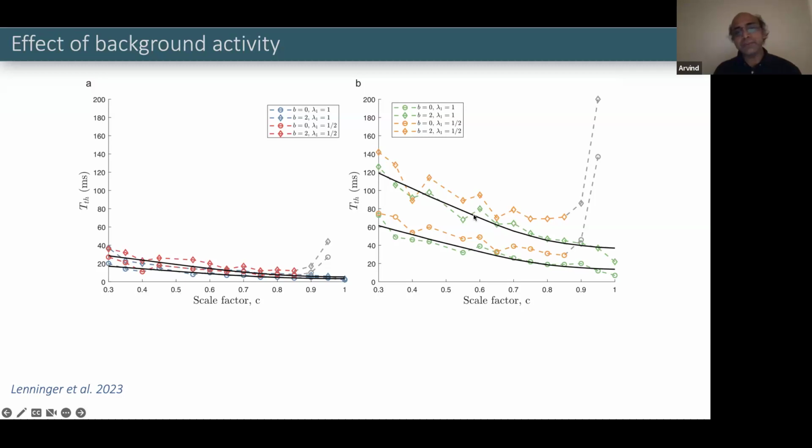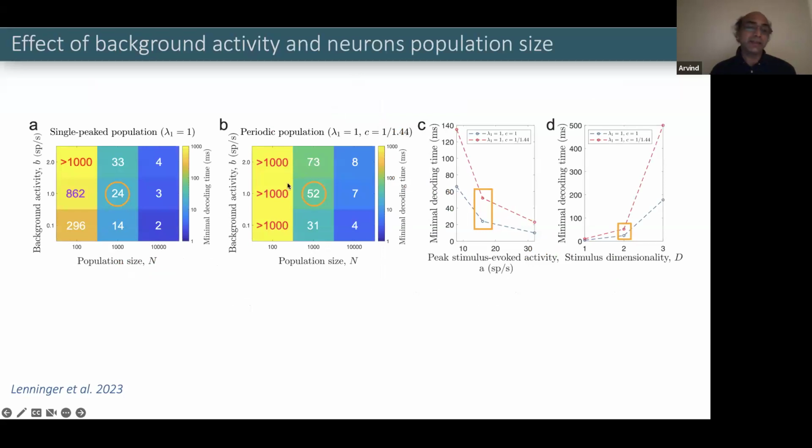But if you look at periodic tuning curves, and for higher dimensions in particular, then this becomes really bad. The higher the dimension, the higher the background activity, the longer the time you need to avoid threshold distortion. Population size, of course, can correct for it.